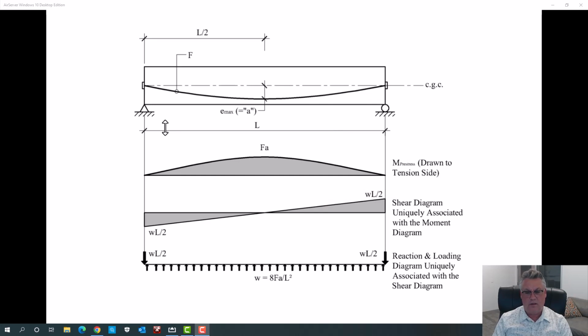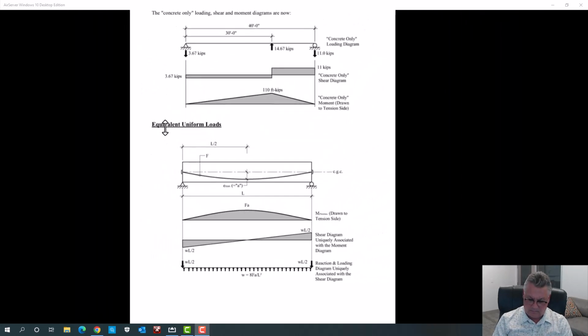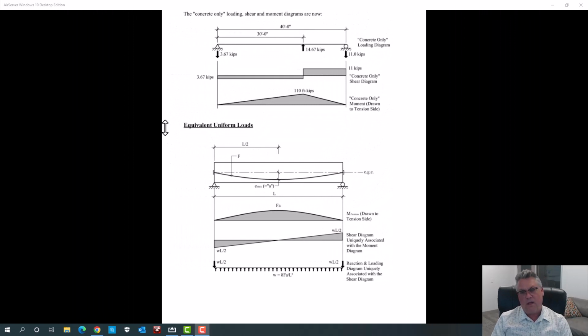It is a unique load case, creating a parabolic moment diagram is a uniform load. So I'll jump forward to the chase. We're only going to have point loads and uniform loads in this class, and in reality that's effectively all you really have in practice too.